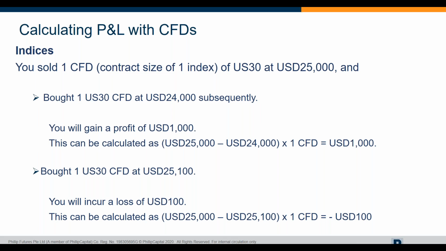You actually make a gain of 1,000, because you short sold it at a higher price, and eventually you bought it at a lower price. So you take 25K minus 24K times one contract, and it is a $1,000 profit.